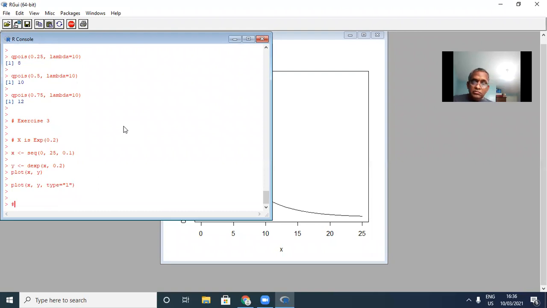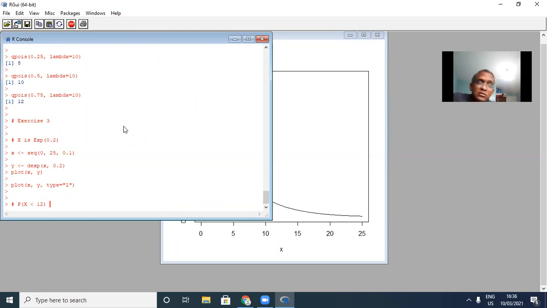Next, we want to find the probability that X is less than 12. Now, remember, for a continuous random variable, less than is the same as less than or equal to, and greater than is the same as greater than or equal to. It's only when you have a discrete variable that you have to be careful.